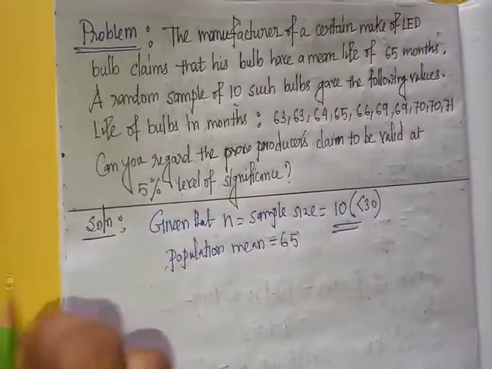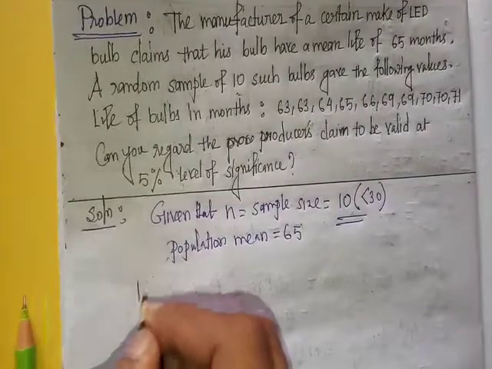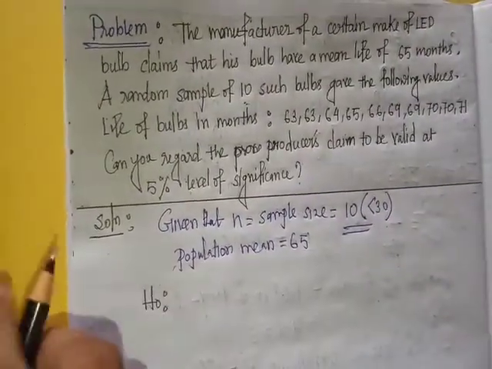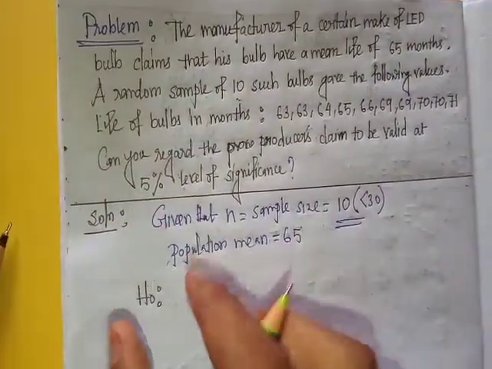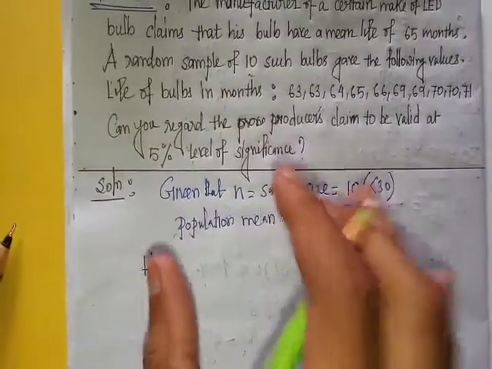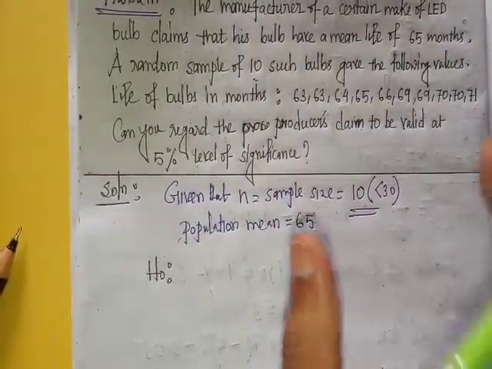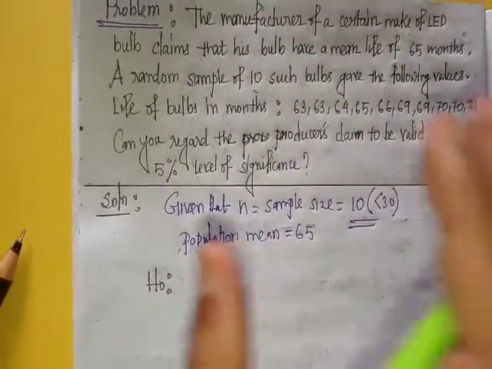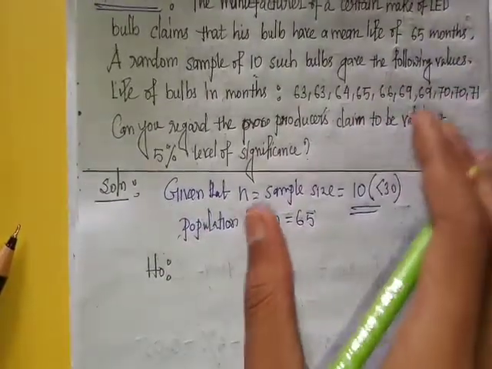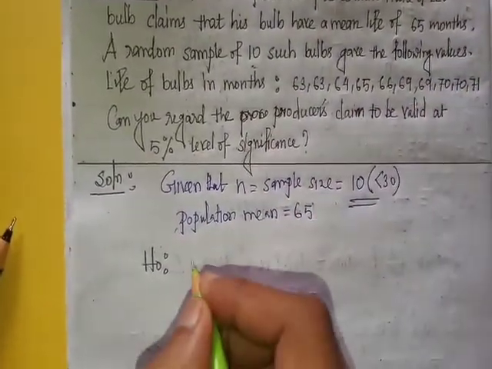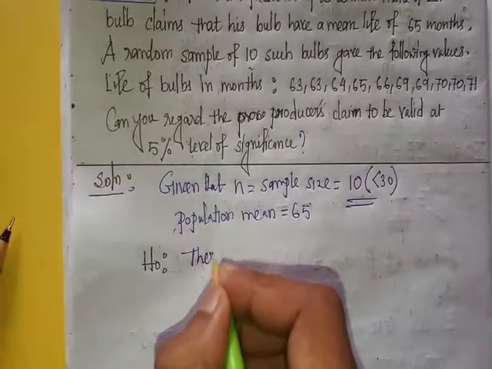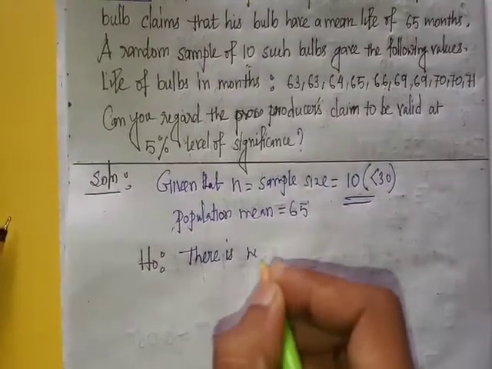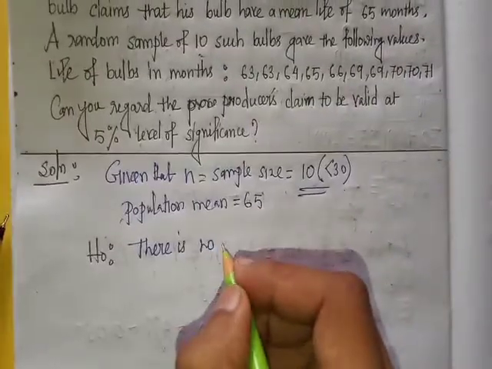First, the null hypothesis. Null hypothesis: there is no significant difference between the sample mean and the population mean. Same process, similar to the large sample test or Z test.